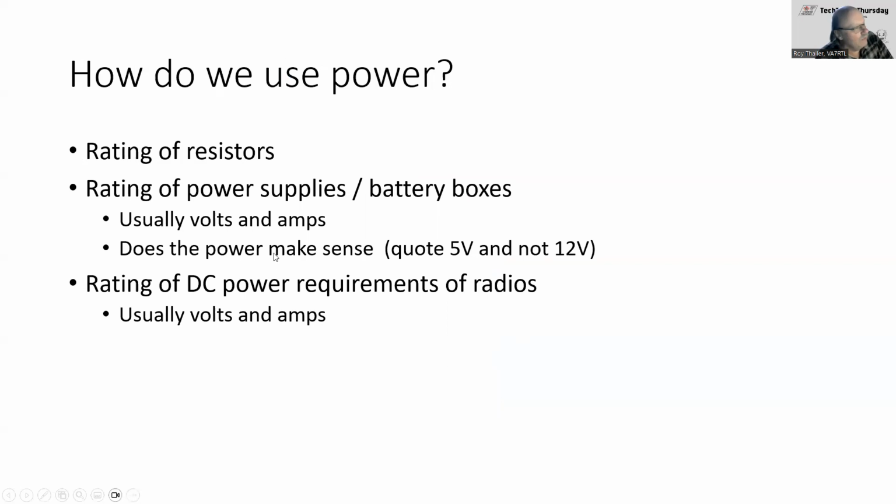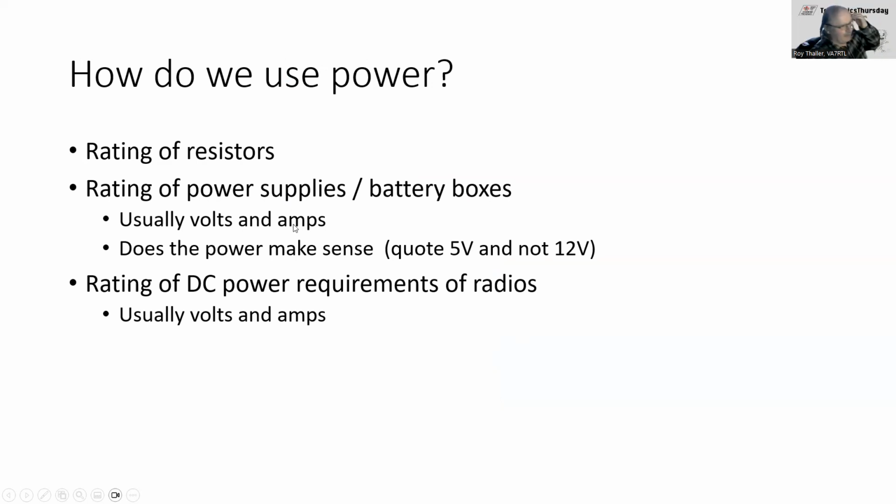So why do we use power? Well, one of the things is resistors are rated in power, and if you use the wrong size of resistor, it can heat up and can burn out. We have power supplies and battery boxes rated in volts and amps.